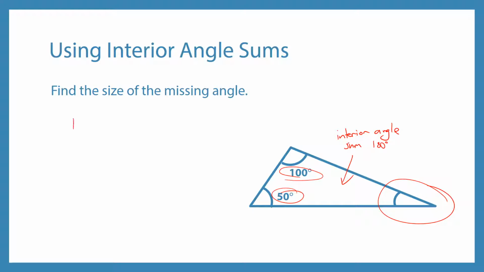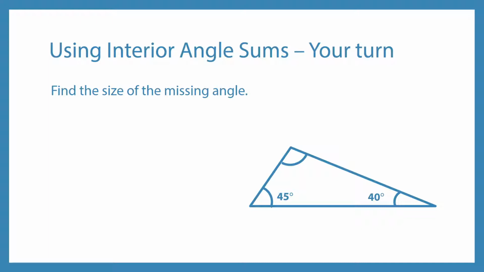So we would go 180 degrees minus, and then we just subtract the other angles. So minus 100 degrees minus the other one, which is 50. So we end up with 30 degrees. So without measuring this angle here, we know that it's going to be 30 degrees.